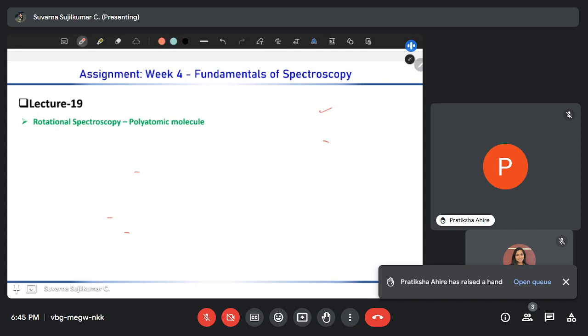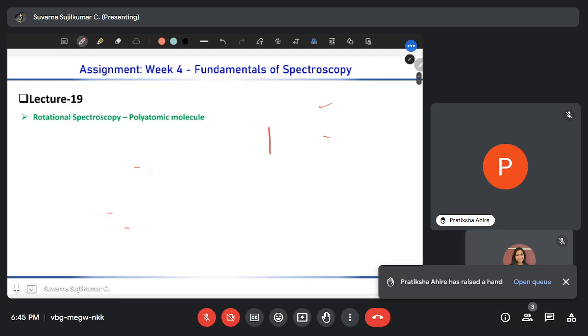Let's look into the linear rotor, where we consider the 3 axes like this, and the molecule is along its A principal axis, and this is B, and this is C. Okay. So the moment of inertia with respect to the A axis, that is IA, is equal to 0 here, followed by IB equal to IC. Right.